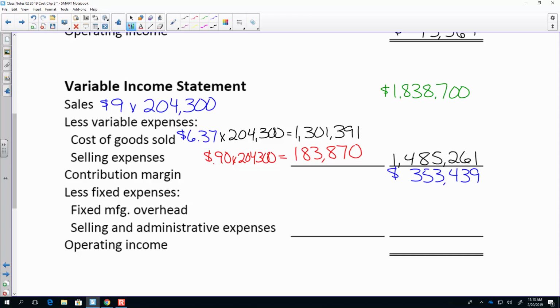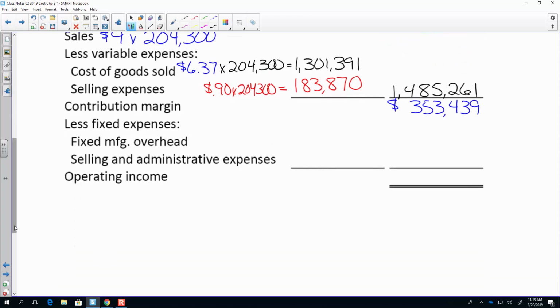Fixed cost. What do I put for my fixed manufacturing? What number do I have here?